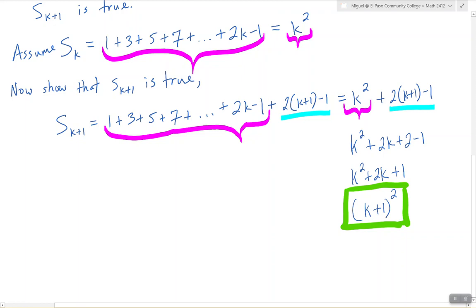This is what they call the induction step. So this proves that the next one will work after that, and the next one after that, and the next one after that. So that's a formula that we can always use, right? When you're adding odd numbers, you can add the first million odd numbers or the first trillion odd numbers, or however many you have, just by squaring the number of odd numbers that you have. Okay.